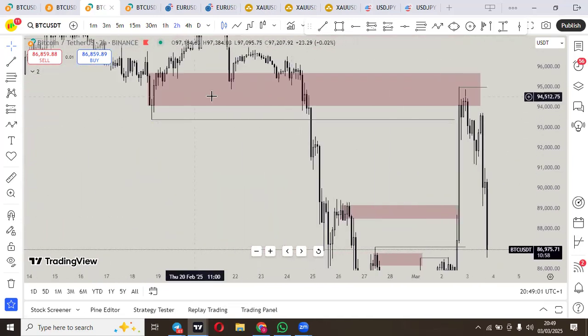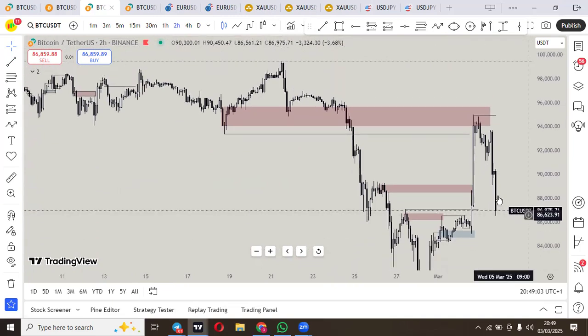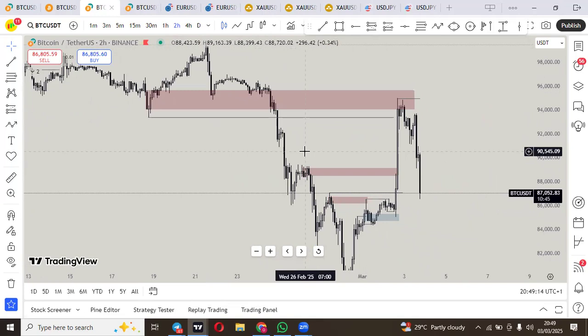The market spiked up. On the 2-hour time frame, I could see that the market is reacting at this breaker block, which is on the 2-hour time frame, which is my own bias time frame as per the higher time frame. The 2-hour time frame is my higher time frame, and the 4-hour.